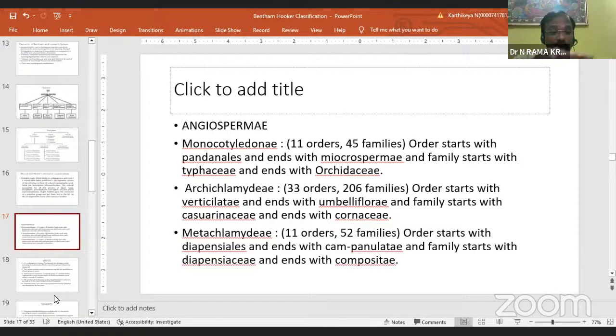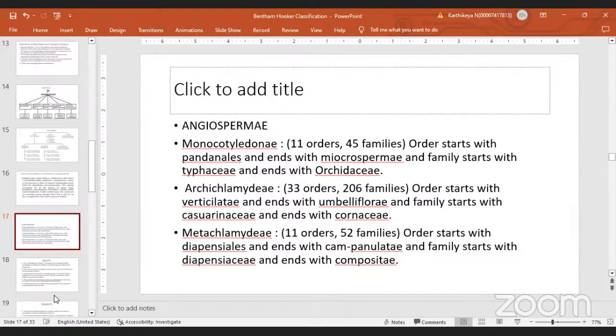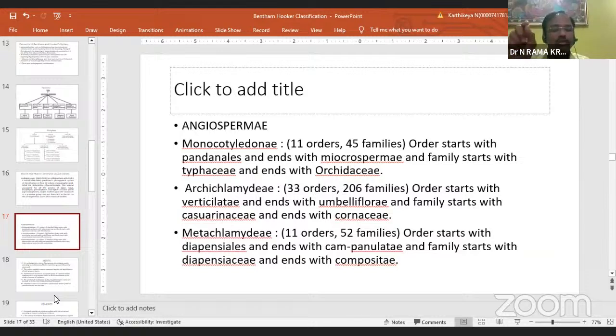Here the most important point: Engler-Prantl entire means algae, fungi, bryophytes, pteridophytes, gymnosperms, and angiosperms, that is monocots and dicots, the entire plant kingdom. So mainly we divided 13 divisions.